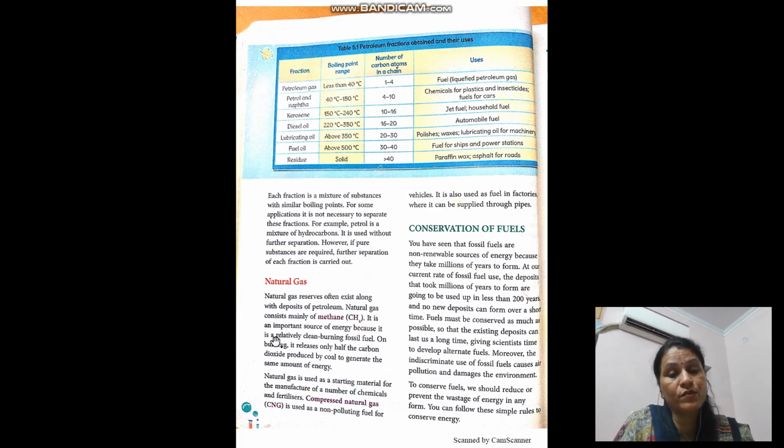It is also a fossil fuel, but it is comparatively cleaner because it is in gaseous form. On burning, it releases only half the carbon dioxide produced. So, if the carbon content is less, that means it's a good fuel. For example, compressed natural gas, CNG, is used in vehicles also now. It is used as a fuel in factories where it can be supplied through pipes.